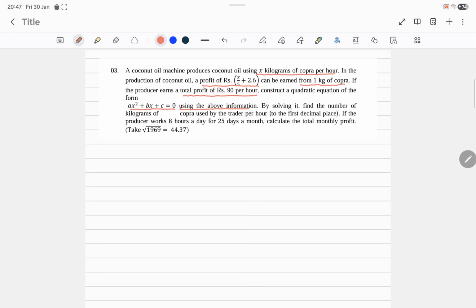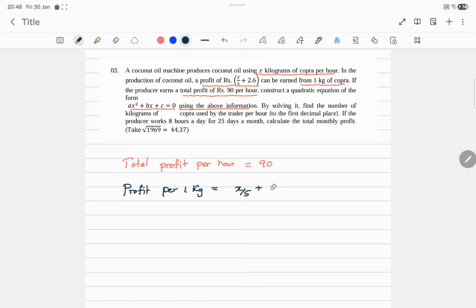So total profit per hour is given, which is 90. Profit per kilogram is also given: profit per 1 kilogram is x over 5 plus 2.6.